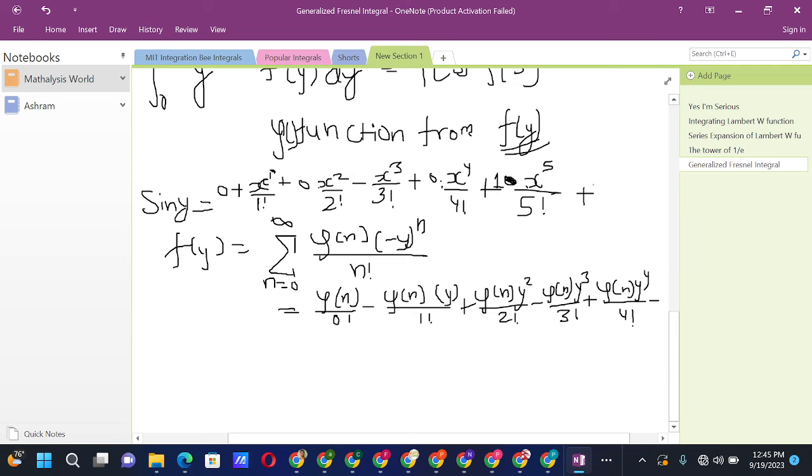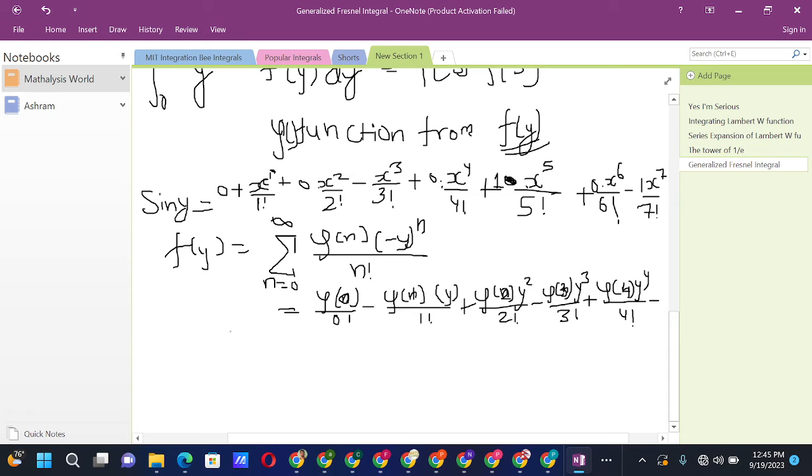Now 0 times x to the power 6 by 6 factorial, and then minus 1 times x to the power 7 by 7 factorial. So this is the actual series expansion of sin y, as we know. From here we can see that these are phi of 0, phi of 1, phi of 2, phi of 3, phi of 4.